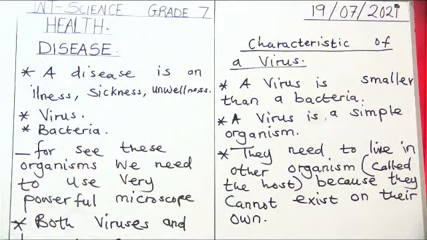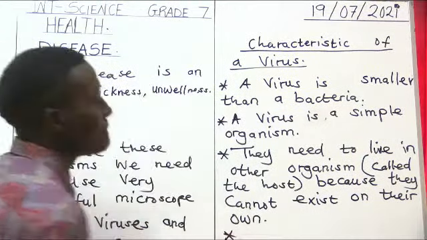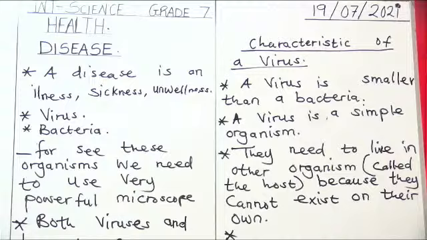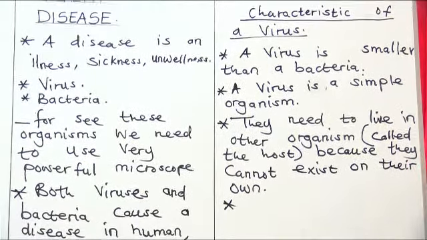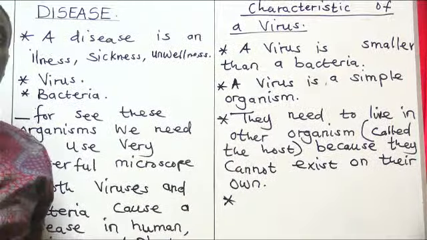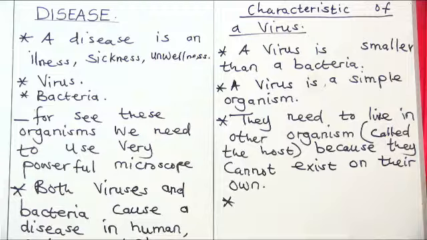So in that host, that's where you find that they develop, and again, these viruses reproduce rapidly. That's why they affect the body. I'll give an example of a disease which has affected people at this time.